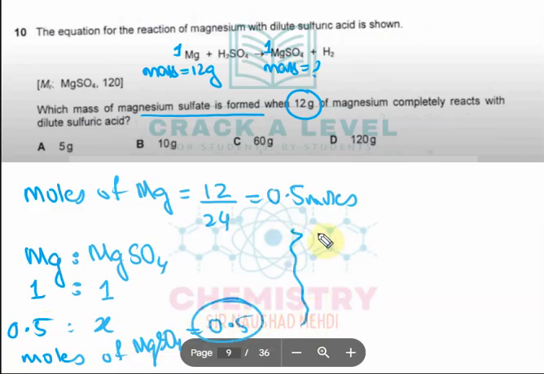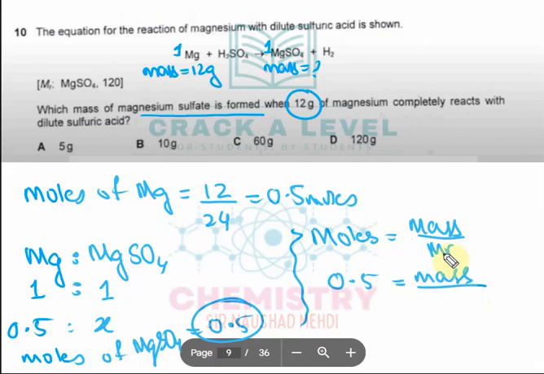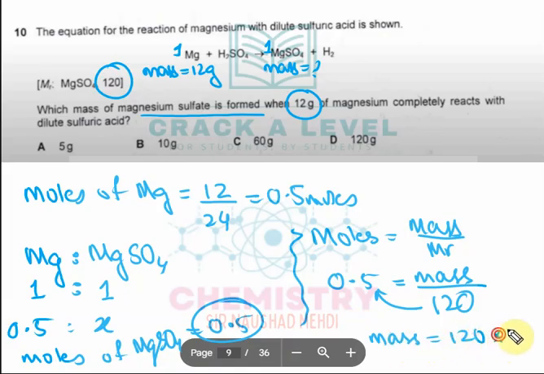Now since we need to calculate the mass, we apply the moles formula for MgSO4: mass upon Mr. Moles is 0.5, the mass we need to calculate, and the Mr of MgSO4 is already given, which is 120. When you cross multiply, you get 120 multiplied by 0.5, so you get 60 grams. So option C is the correct answer for this one.